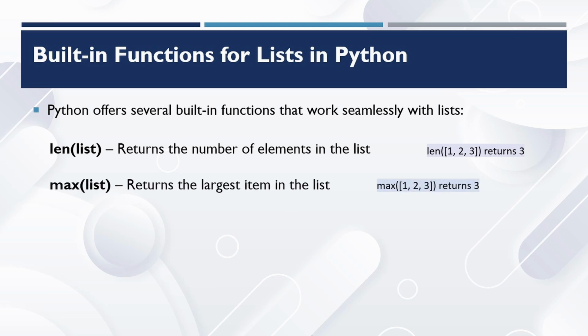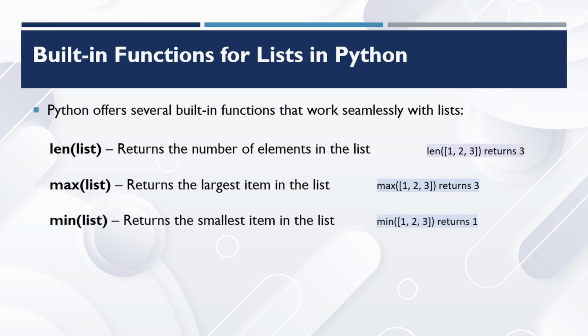Next, the max function. The max function is used to find the largest item in the list. For a list containing 3 elements 1, 2, 3, the max function will return 3. The min function returns the smallest item in the list.